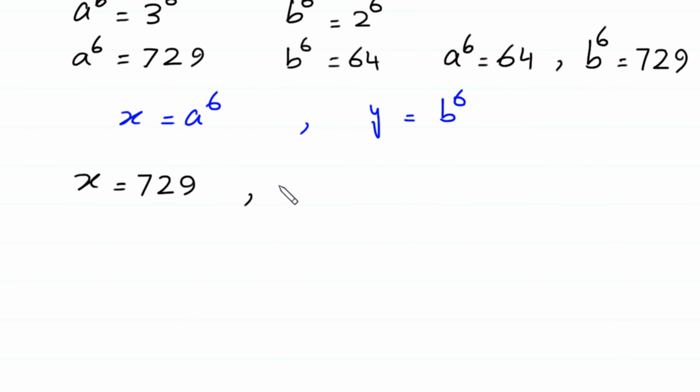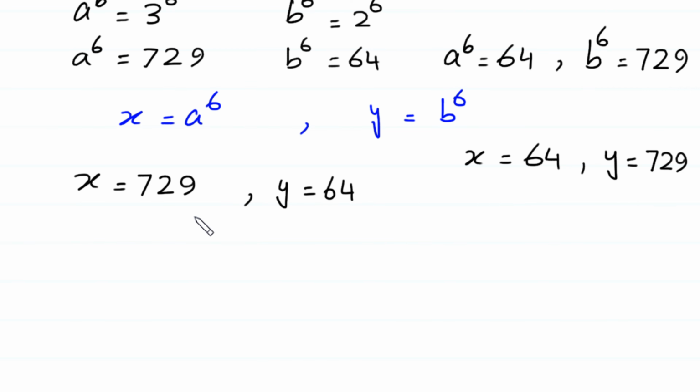and from here y is equal to b to the power 6 is 64, y is equal to 64, and from here x is equal to a to the power 6 is 64, and from here y is equal to b to the power 6 is 729.